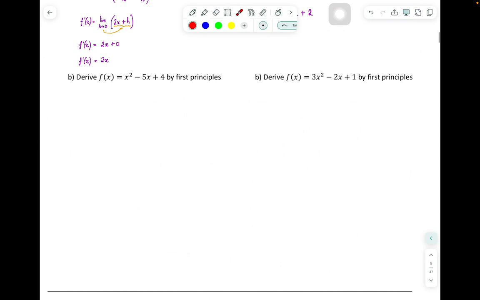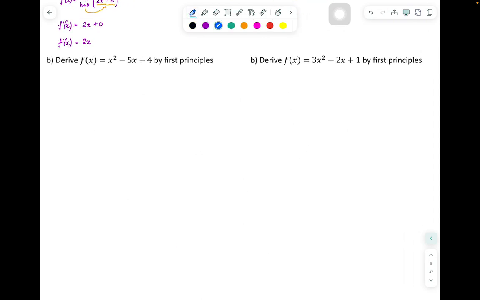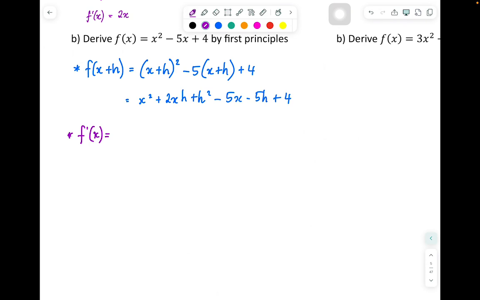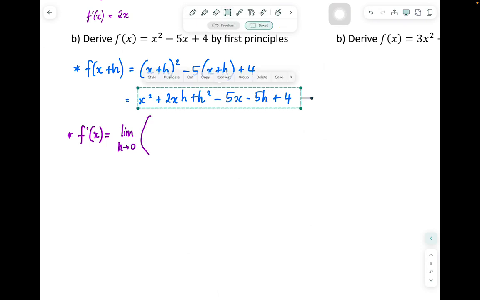I'll continue with these examples here. If you feel like you've got the gist of it, please go ahead and don't wait. Here's our f of x plus h.